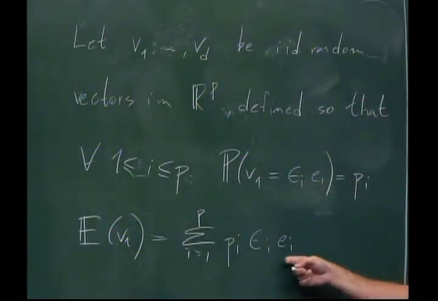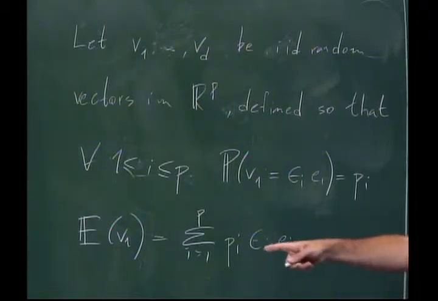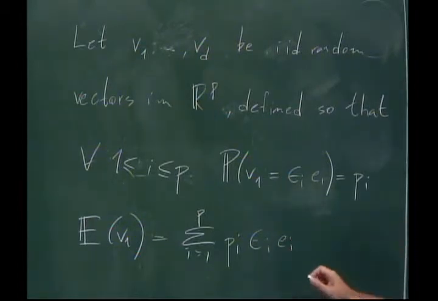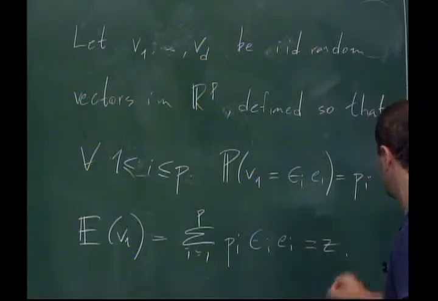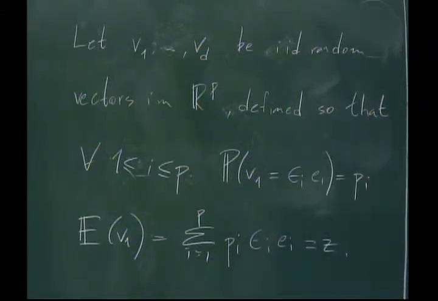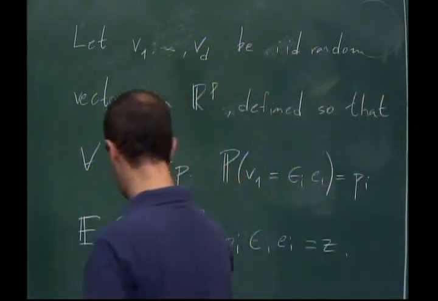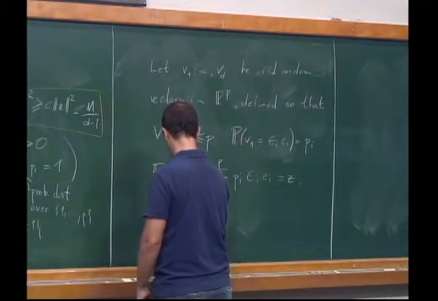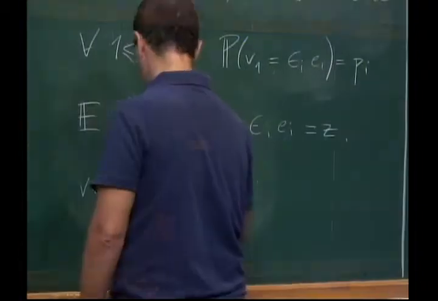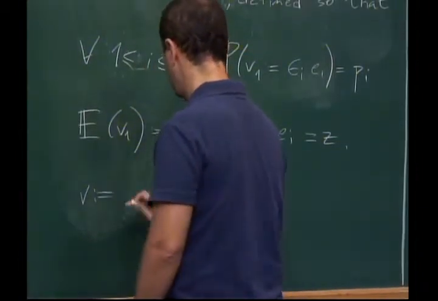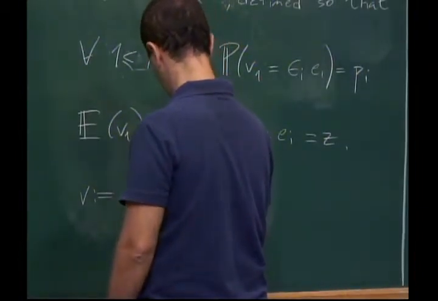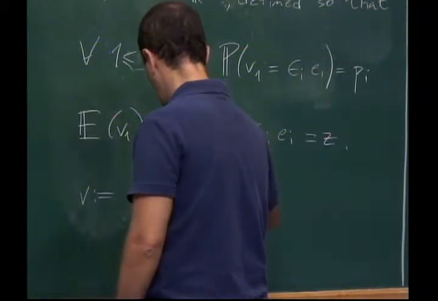And what is this? This is z, it's written over there. So now, if we define V to be the sum, or the average actually, you can take just the sum of these vectors.